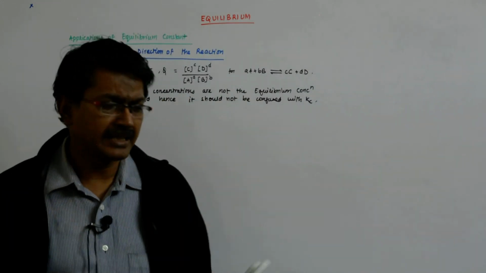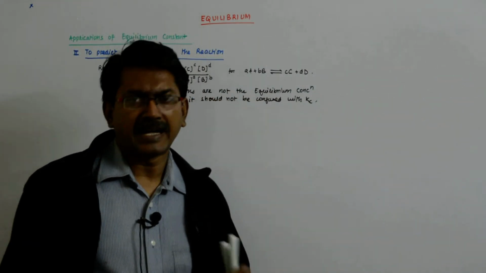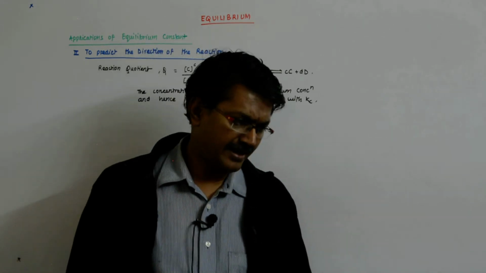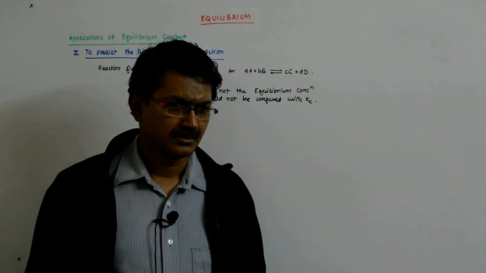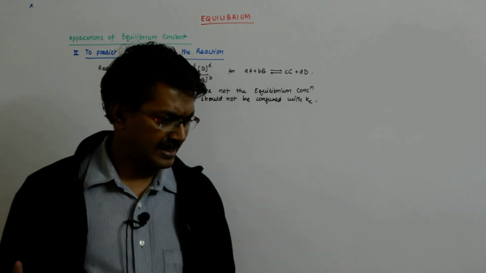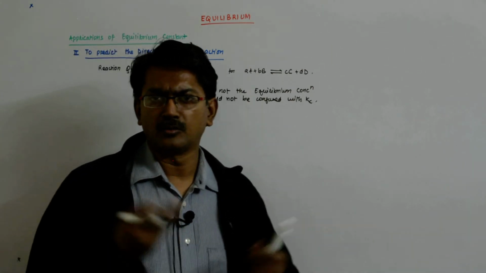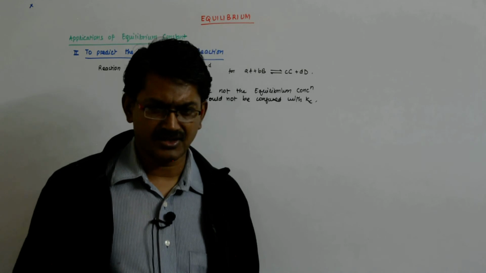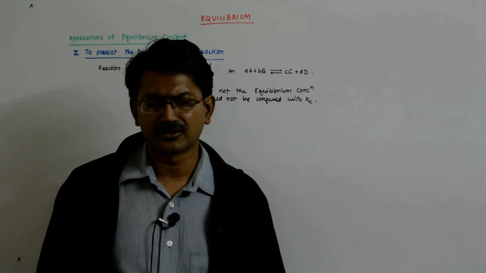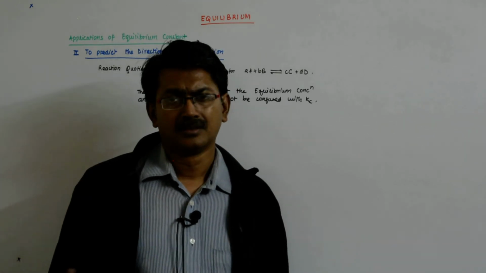Now suddenly while things are changing, suppose I have the power to sample, I can take out some gas from there and find out how much of what is there and find the concentration. Let us say I have such an instrument, and these instruments are available. It's no hypothesis.